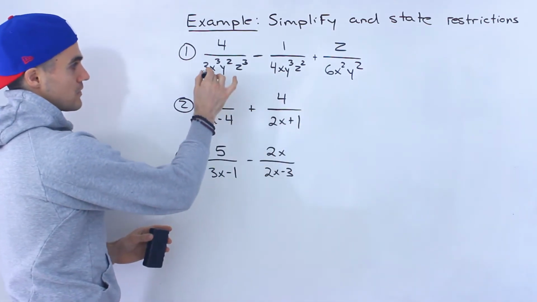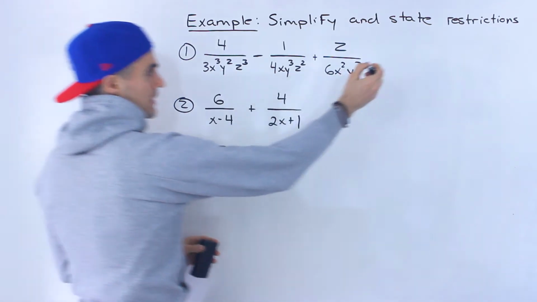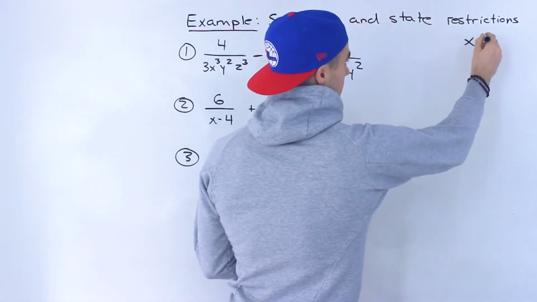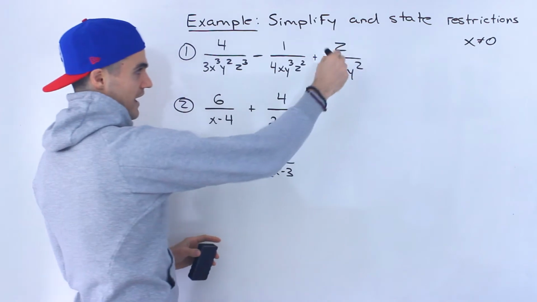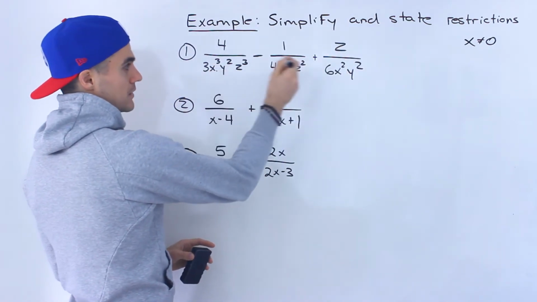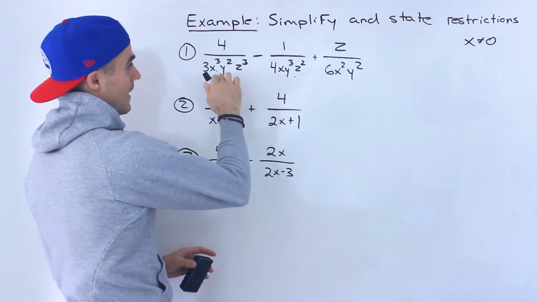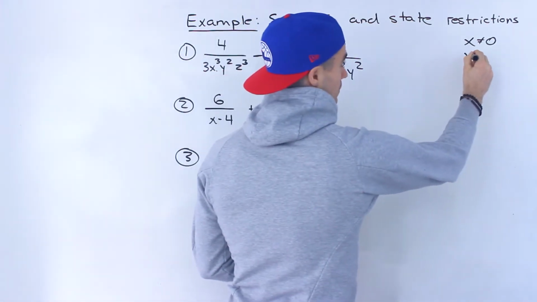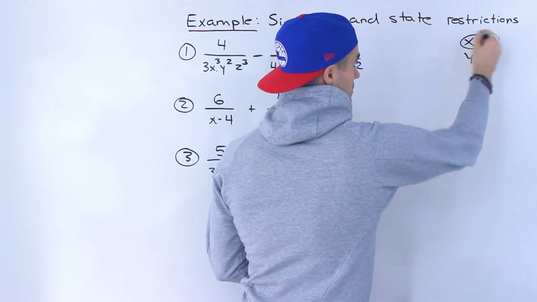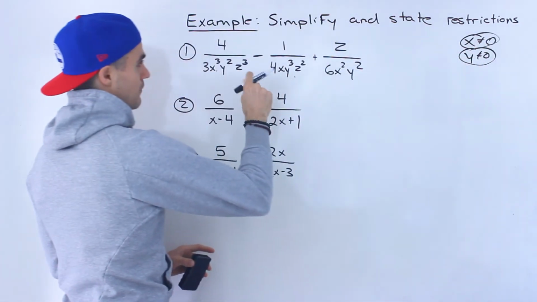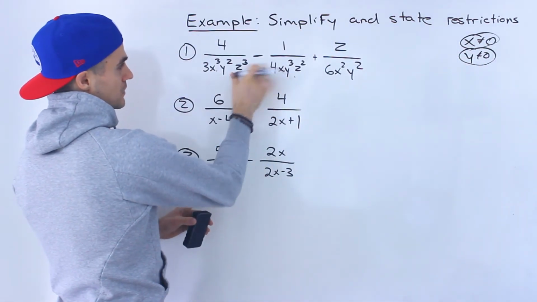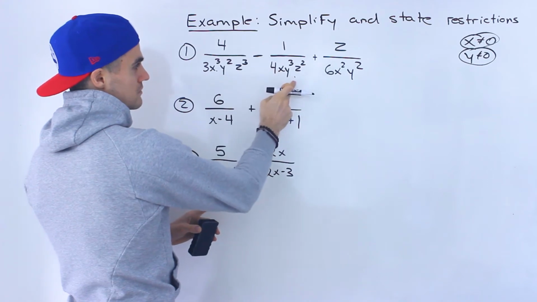Notice that with all of these, x cannot equal 0, because if x is 0, it would make this denominator 0, this denominator 0, that denominator 0. Notice that y can't be 0. That's another restriction. And with these two, z can't be 0, because it would make these denominators equal to 0.